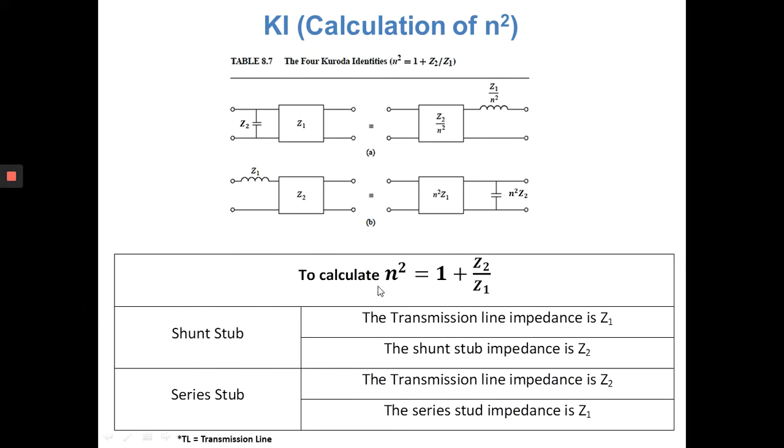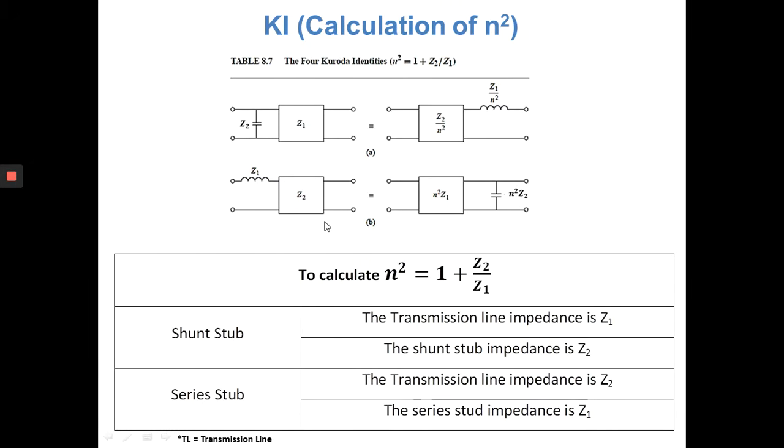Sorry, not here, but there is what I call a tip like this. How you're going to find out what is Z1 and Z2: let's say it's a shunt stub. If it's a shunt stub, remember the transmission line impedance is always Z1 and the shunt stub is always Z2.